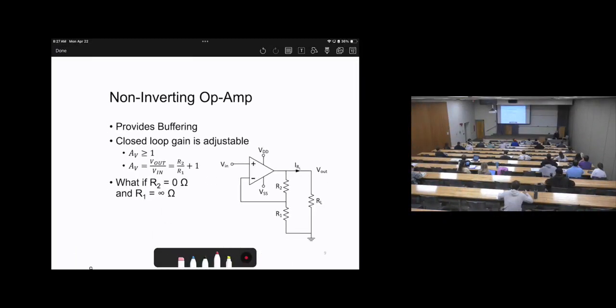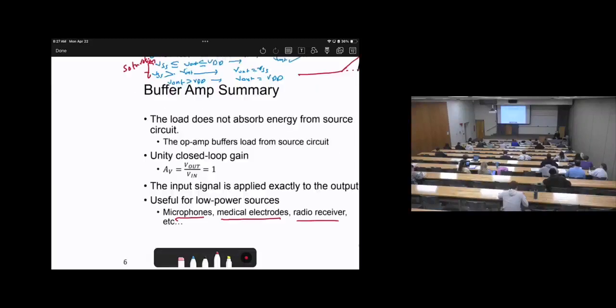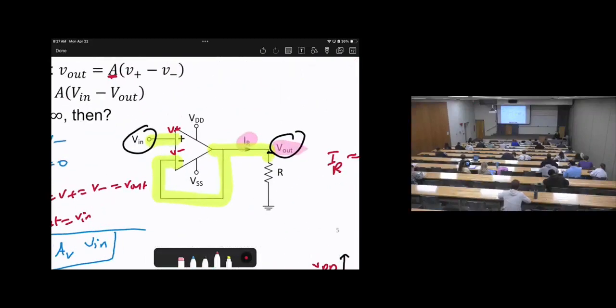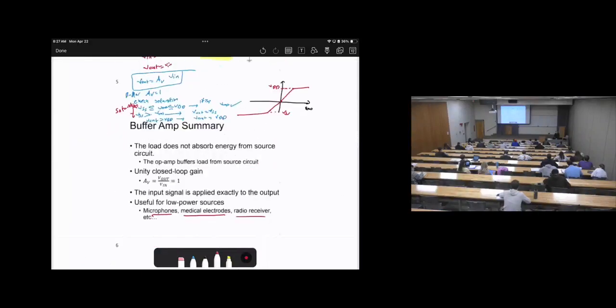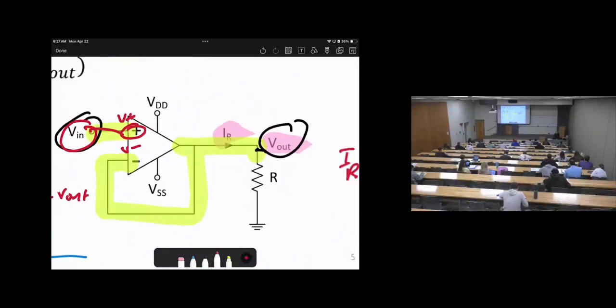Second application, non-inverting amplifier. Non-inverting, keep in mind, the input enters the positive. Okay? In the buffer, the input enters the positive, so it's very similar to the buffer. What's the difference between it and the buffer? In the buffer, there are no resistors in the feedback.